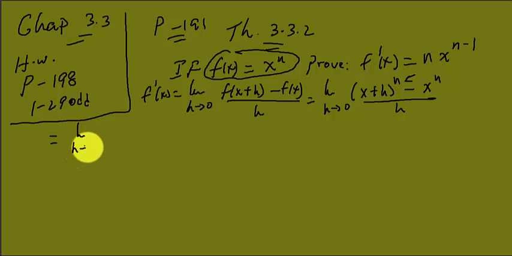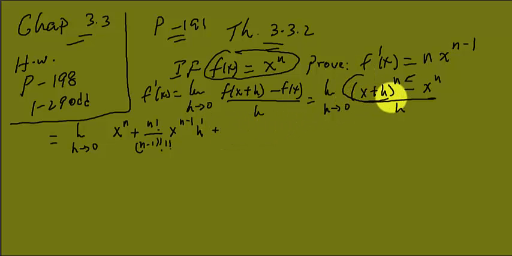The limit as h goes to 0, and that would be x to the n, plus x to the n minus 1, and then h to the first power, and my factorial in front of that is n factorial over n minus 1 factorial times 1 factorial.